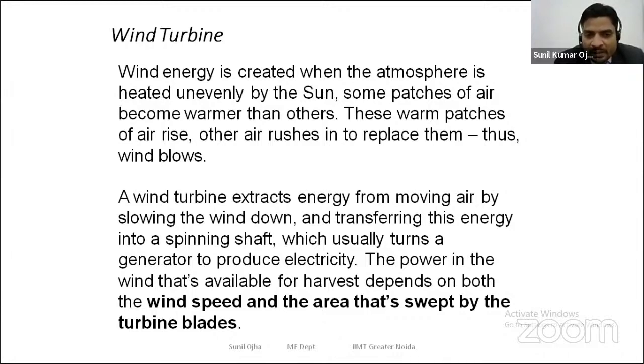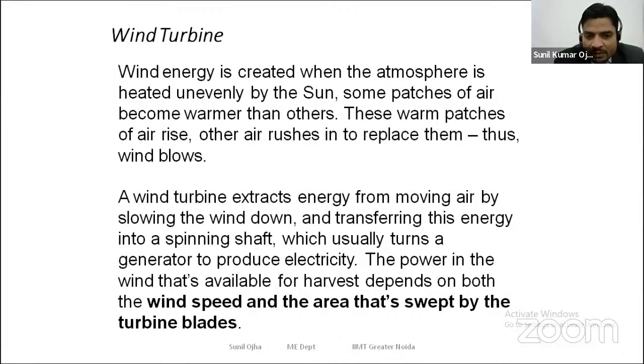So a wind turbine is nothing but a machine that extracts the energy from the wind, transferring it through the mechanical motion of the shaft, which runs the generator to produce electricity. The power in the wind that is available for harvesting depends upon both the wind speed and the area swept by the turbine blades.